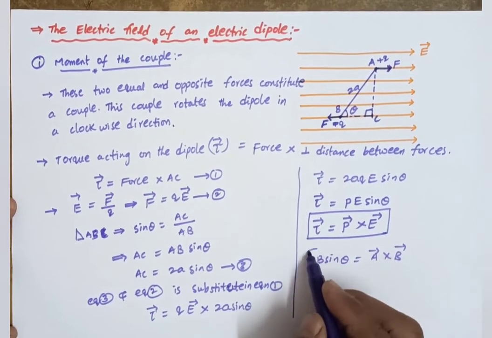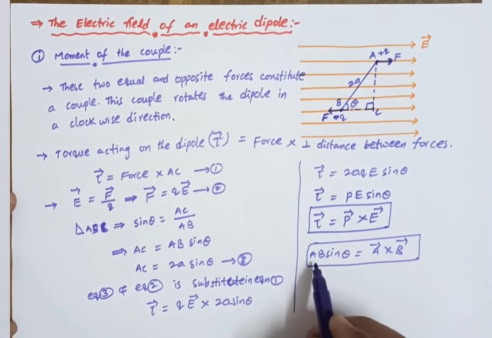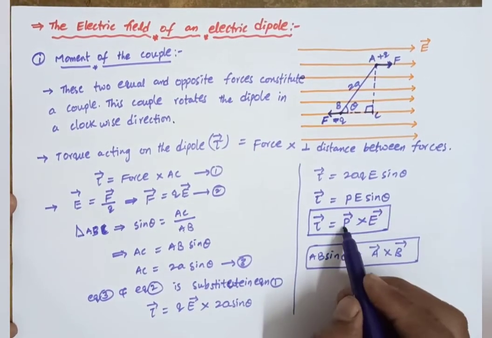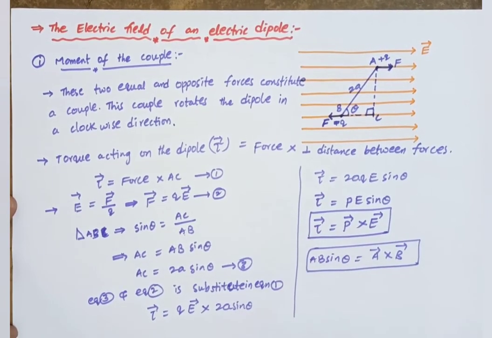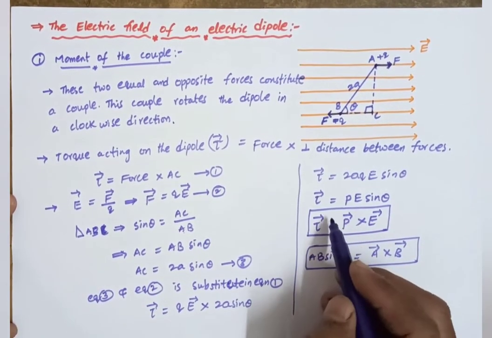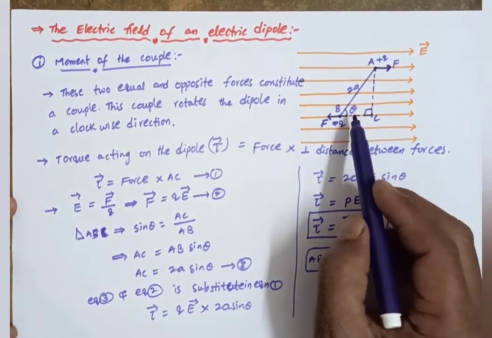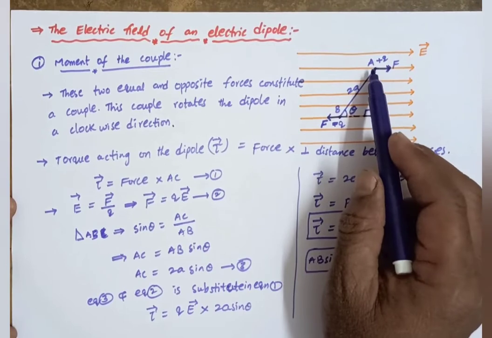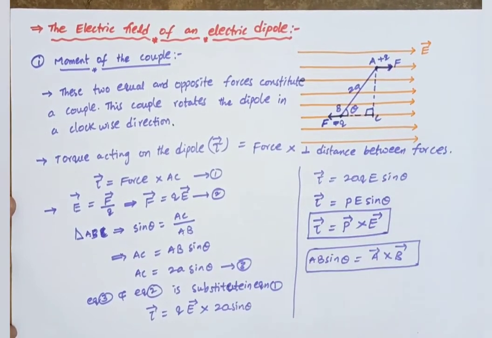So here also, PE sin theta equals P bar cross E bar, that is tau bar. So this is the torque on a dipole in an external electric field.